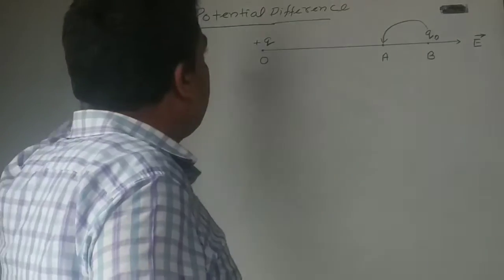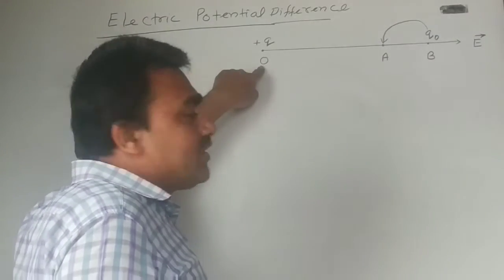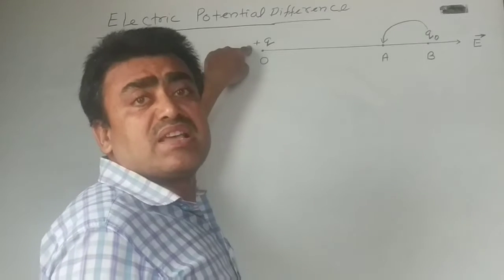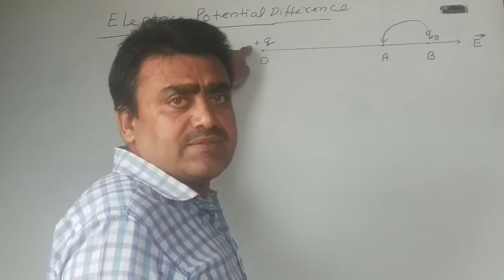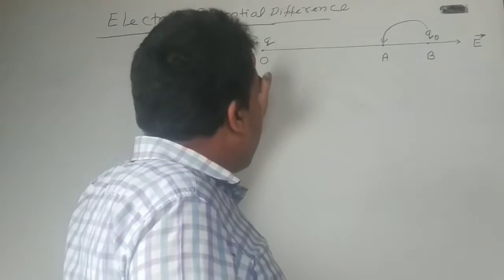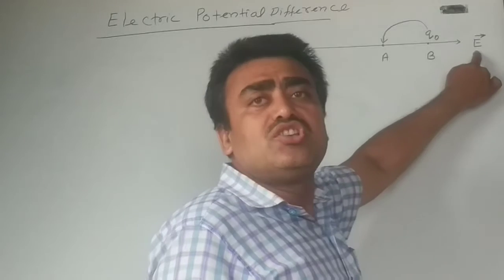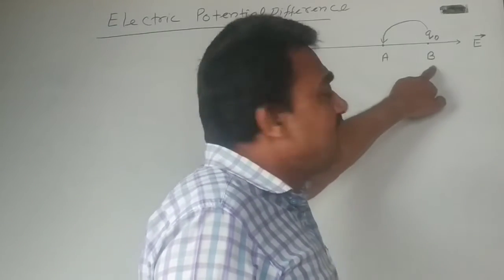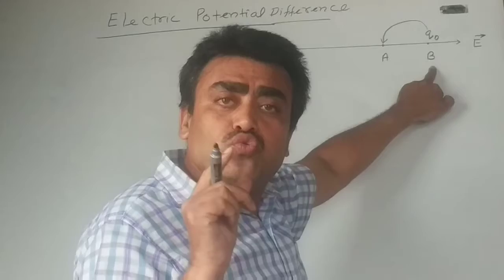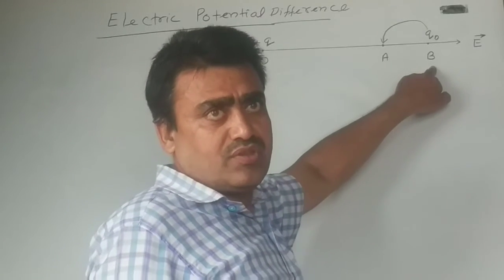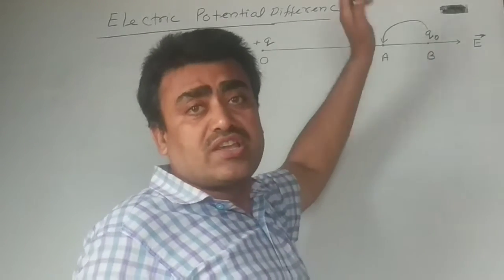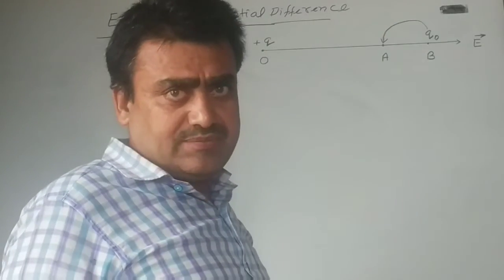Look here on the board. It is a point O. At that point, plus Q charge is located, and hence electric field E is produced. A and B are any 2 points. At point B, test charge Q naught is situated.